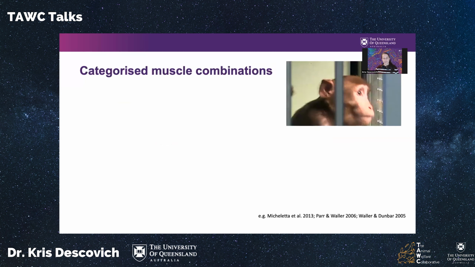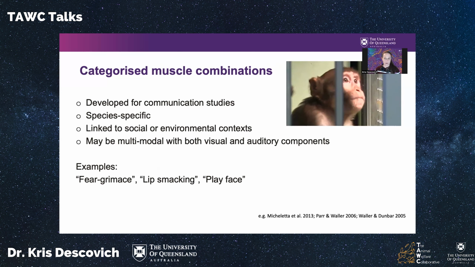The next kind of system uses categorized muscle combinations where we then add a label to these combinations. And we do this, for example, when we label, say, a smile, because it's actually a combination of muscles that will occur. Now, these muscle combinations and the labels that are put on those categories, they're often used in communication studies. They can be very species specific, and they're often linked to specific social or environmental contexts.